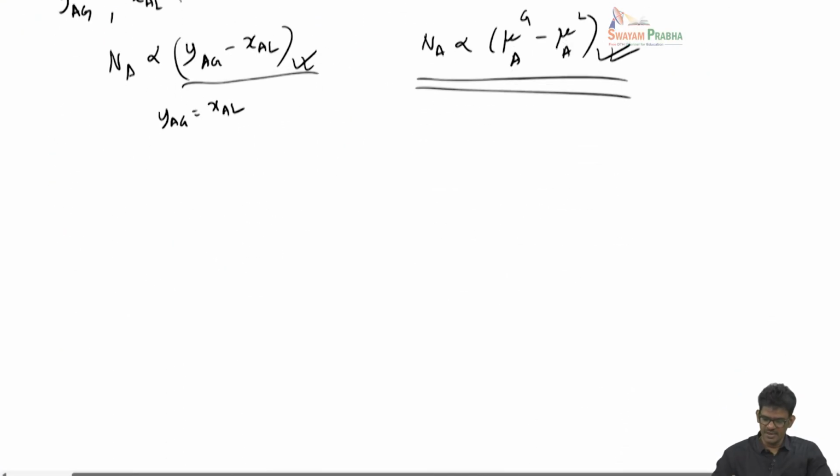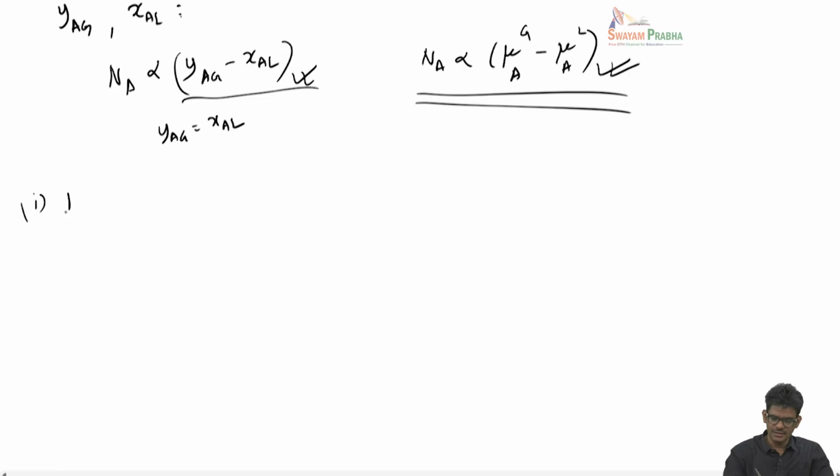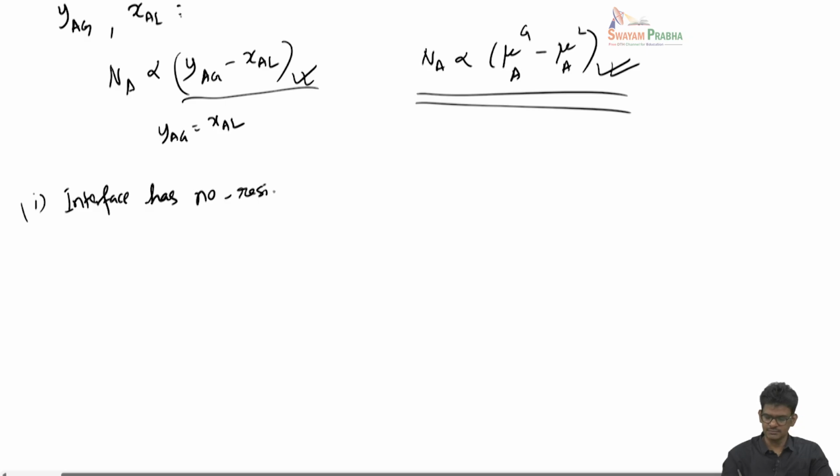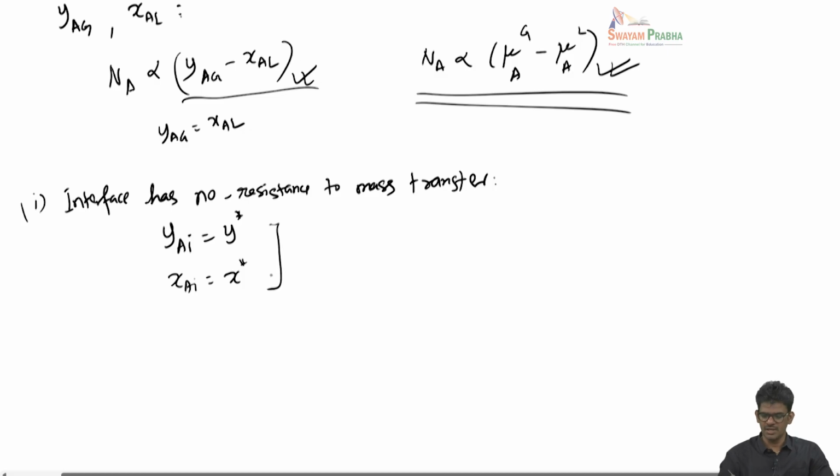Okay, so we are going to make an assumption that the interface has no resistance to mass transfer. The implication of this assumption is that we are able to say YAI is actually Y star and XAI is actually X star, where these two are obtained from an equilibrium relation, something like this.